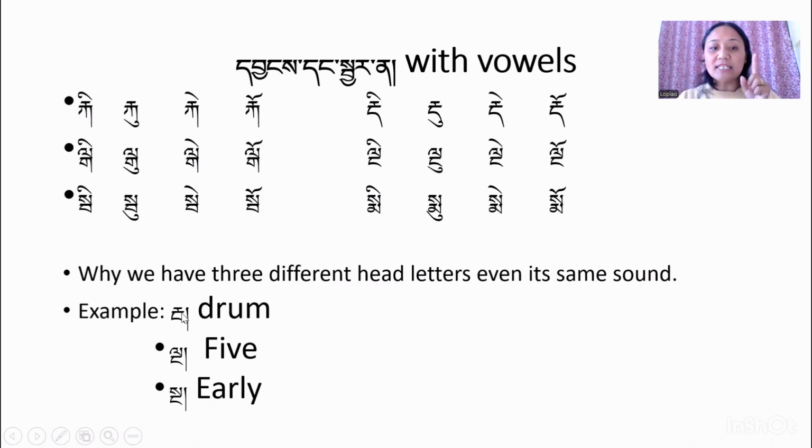Ra Ngata Nga means drum, La Ngata Nga means number 5, and Sa Ngata Nga means early. So for different meanings we need different spellings.